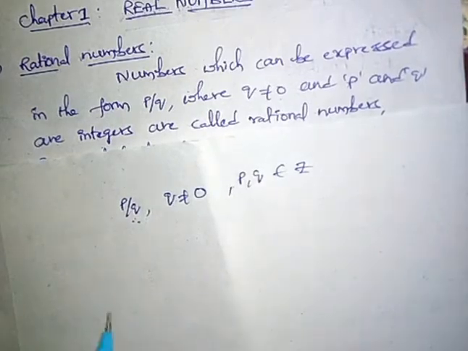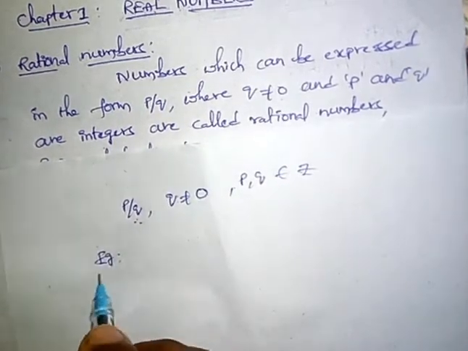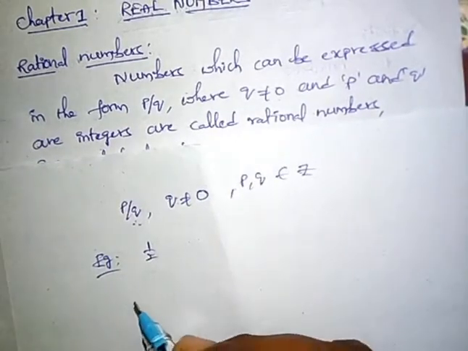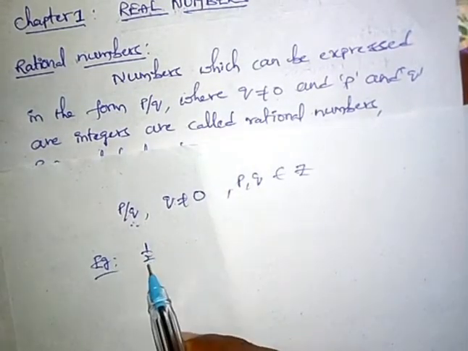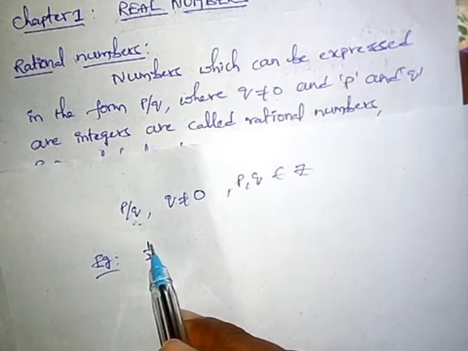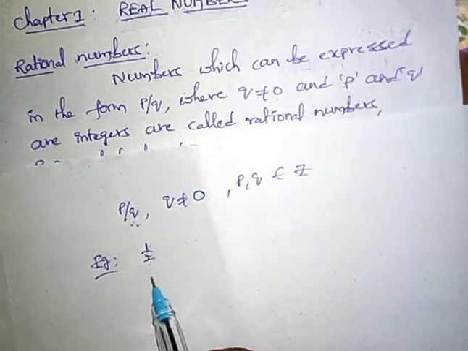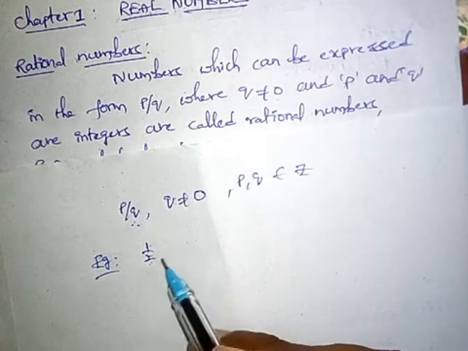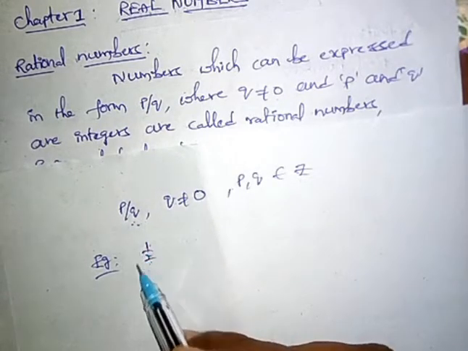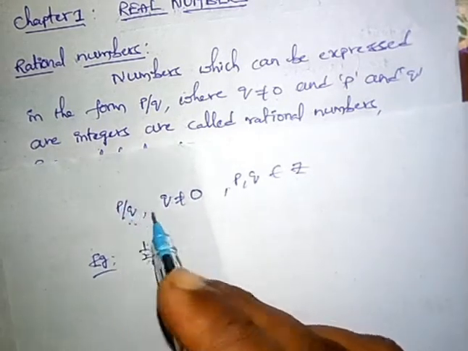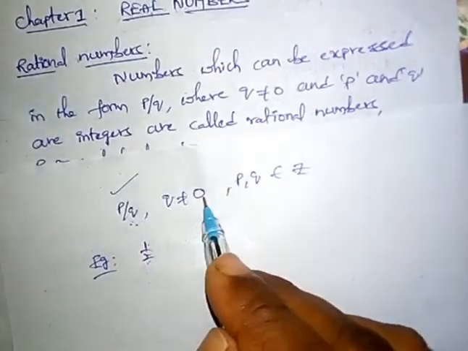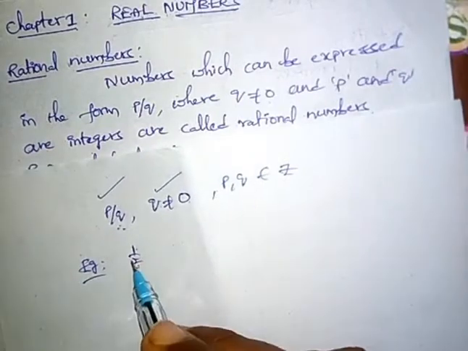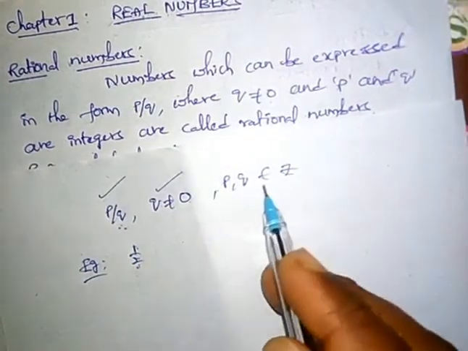Examples of rational numbers: 1 by 2 is a rational number because here p is 1, q is 2, and 1, 2 belong to integers, because 1 is an integer and 2 is also an integer. That's why this number is in the form of p by q, first condition, and q is not equal to 0, the denominator is not equal to 0, and p, q belong to Z. 1, 2 belong to integers.